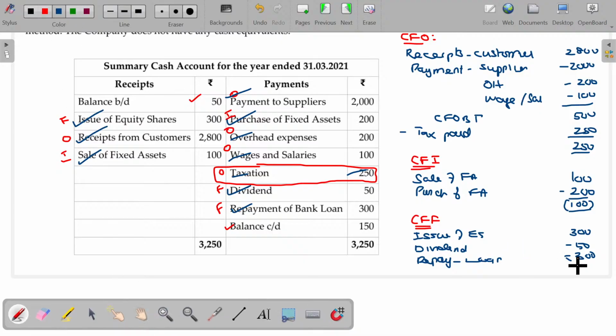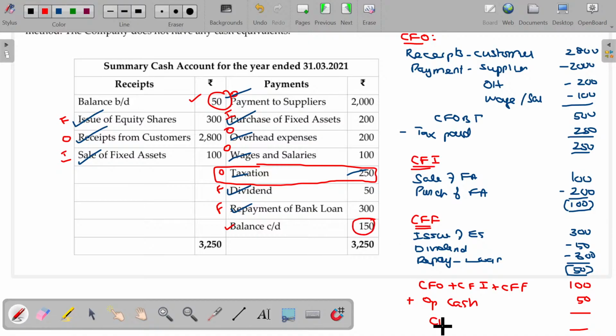Now ultimate value here being minus 50 applied. Now find out total cash from operation, cash from investing, cash from financing. So 150 negative, 250 positive ends with 100 rupees. With that, add opening cash balance. The opening cash balance is 50. Then finally you'll get closing cash balance. Hope you'll be now able to understand this one.